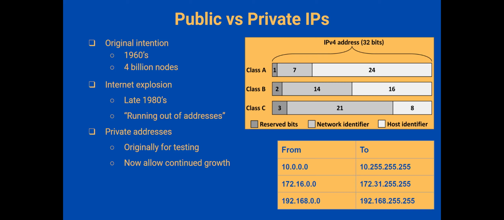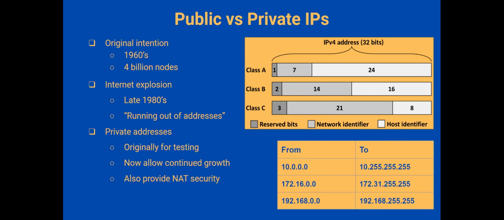One is it lets us continue with this limited address space. 4 billion is limited these days. But it also provides security, because now nobody can get directly to my private addresses. So it has a dual purpose. It's actually done quite well.